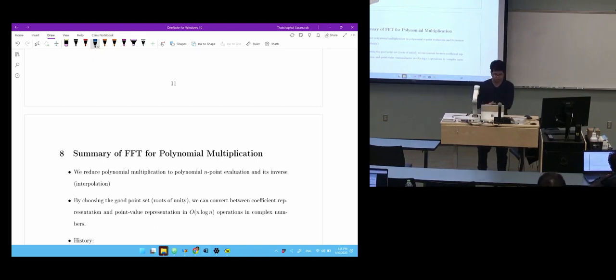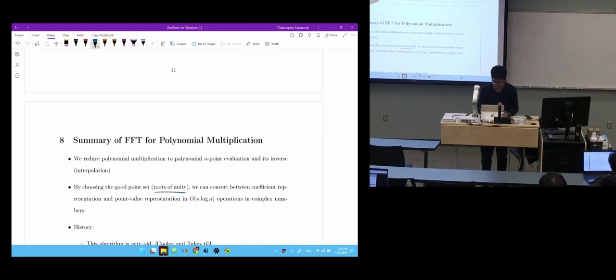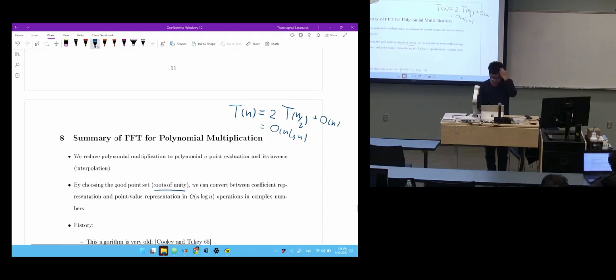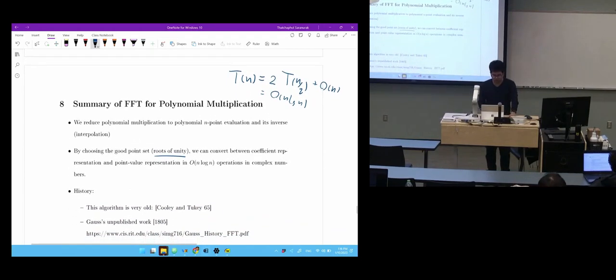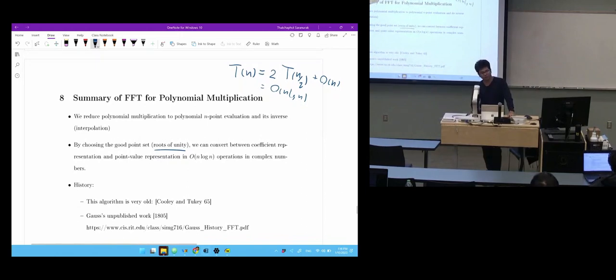By choosing the point set to be the roots of unity, you get this kind of recursion: you have a problem of size n, reduce it to problems of size n over 2, but repeat it 2 times, and then spend O(n) additional time. That's why you get n log n time at the end. Okay, so that's it actually.